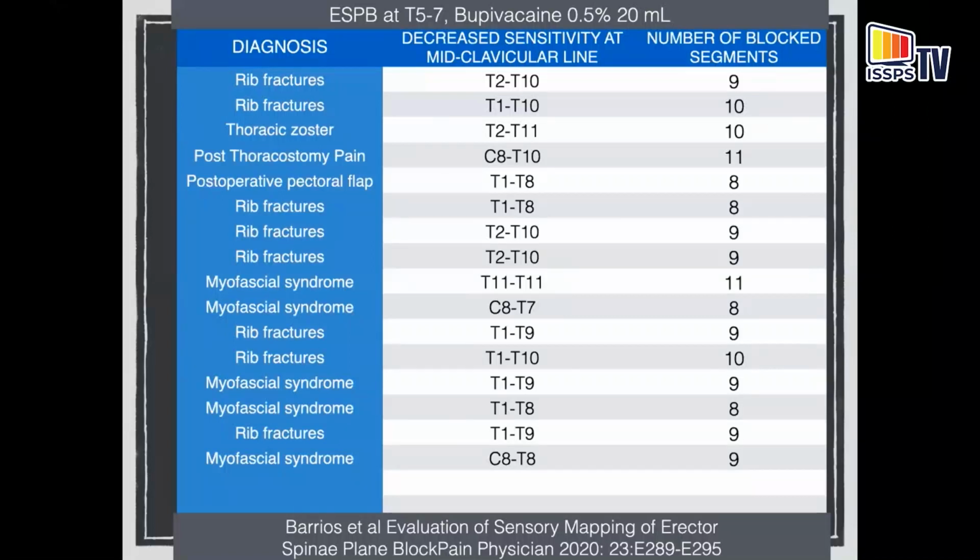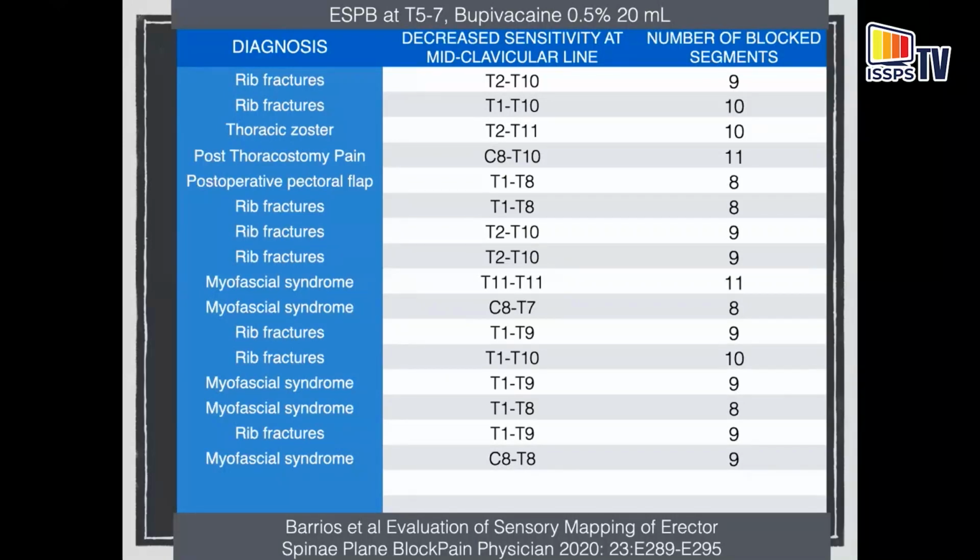I don't really understand how you can get such a large number of segments blocked with 20 mils of local anesthetic. And moreover, there's limited spread, there's limited variation in the number of segments blocked in this particular clinical series. So 18 patients were recruited to this study that was aiming to evaluate the spread, the sensory block that resulted following Erector Spinae block at the T5 level.